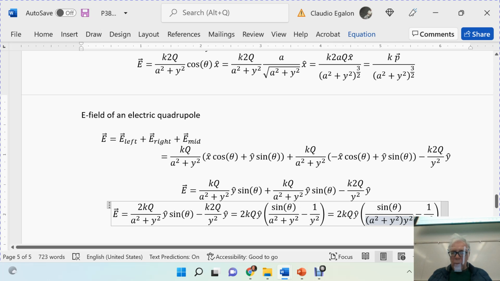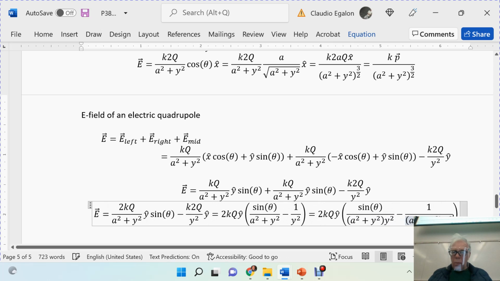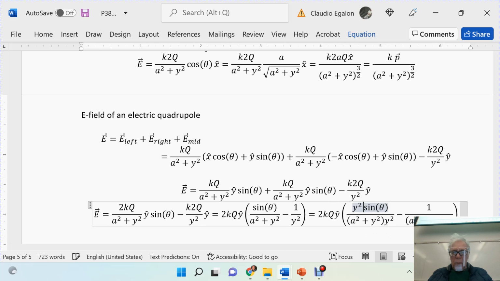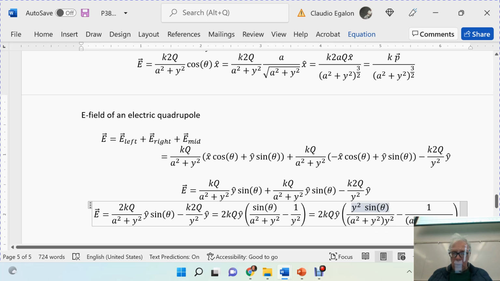This one goes here upstairs. This one goes here upstairs.